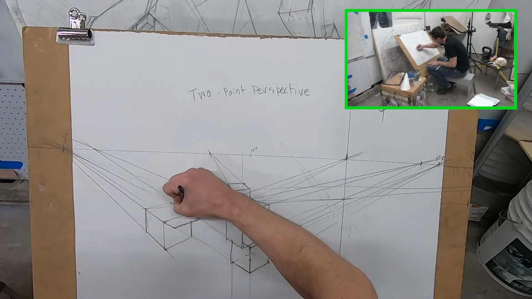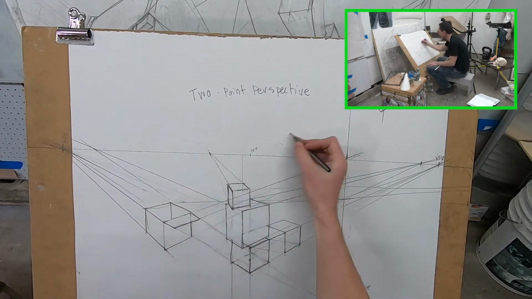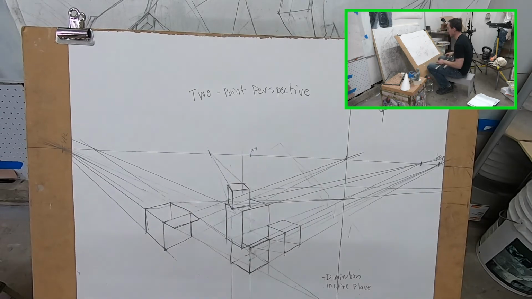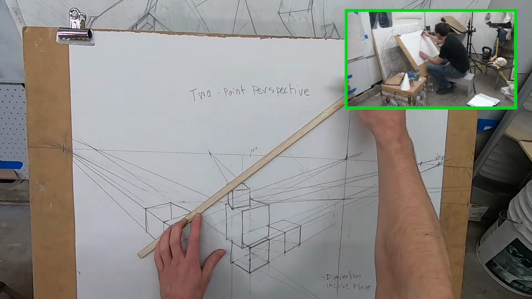So let's say that there's a plank that's coming off that edge, just so we can see it a little bit more clearly.